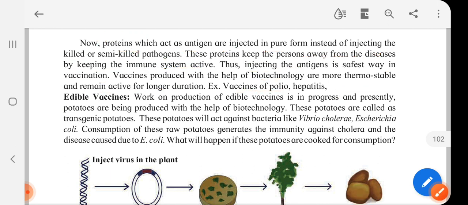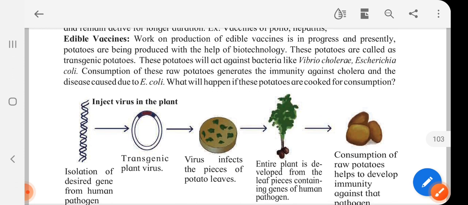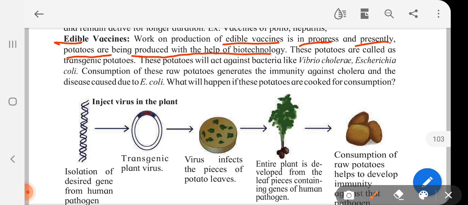Now, there is a scope for edible vaccines as well. Edible means which we can eat. Work on the production of edible vaccines is in progress and presently potatoes are being produced with the help of biotechnology. These potatoes are called transgenic potatoes. These potatoes will act against bacteria like Vibrio cholerae and Escherichia coli.